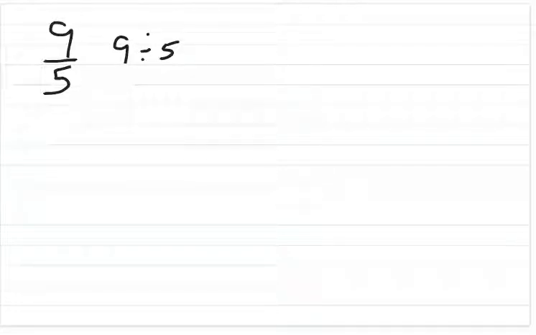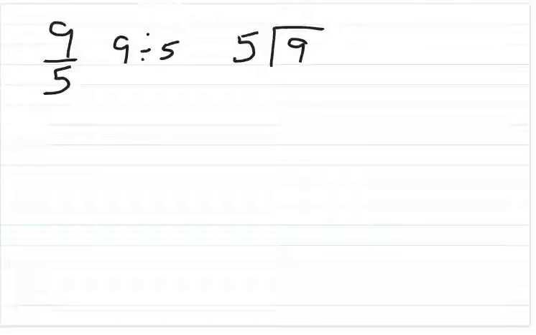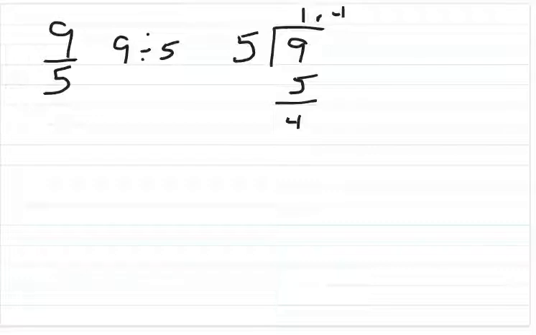Okay, so we can get rid of those. So my dividend goes on the inside, so 5 on the outside, 9 on the inside, right? And we know that 5 goes into 9 one time with 5, and I get a remainder of 4. So 1 remainder 4 becomes a mixed number of 1 4/5.